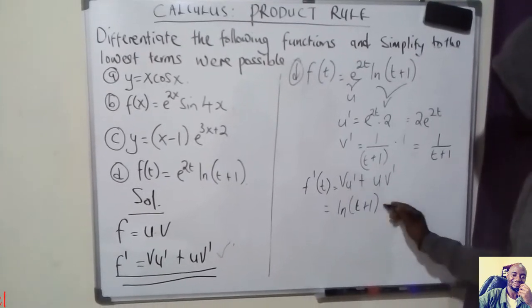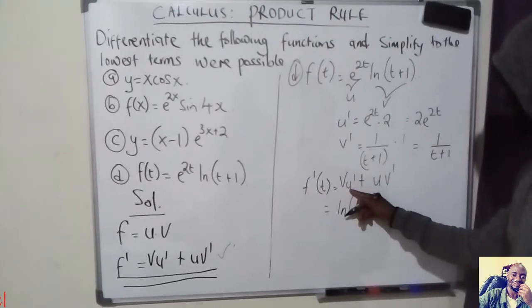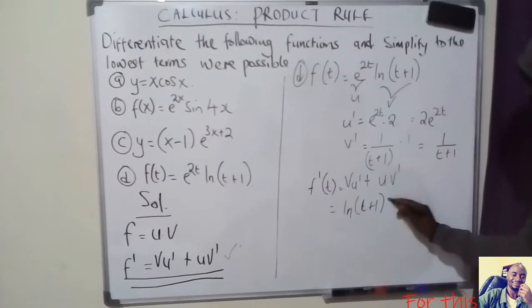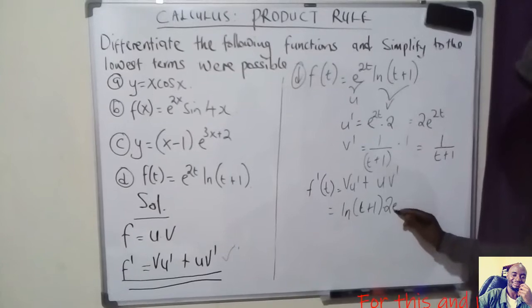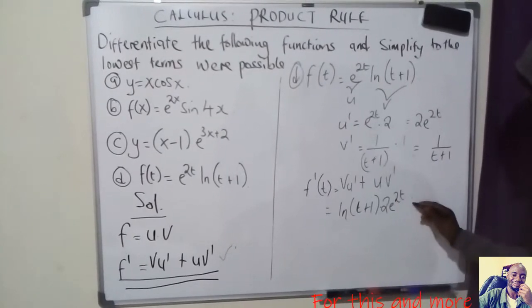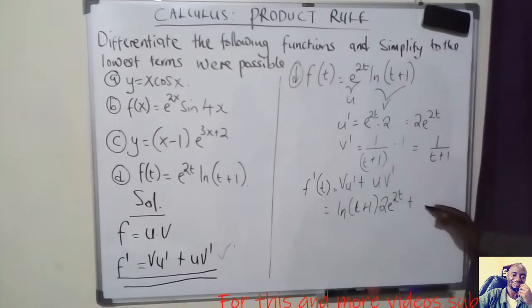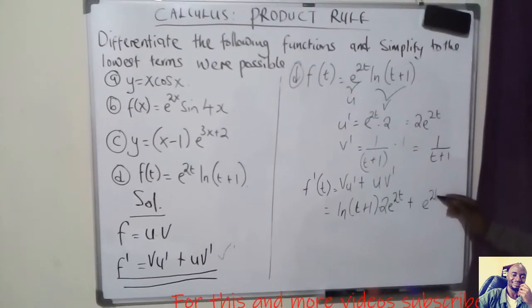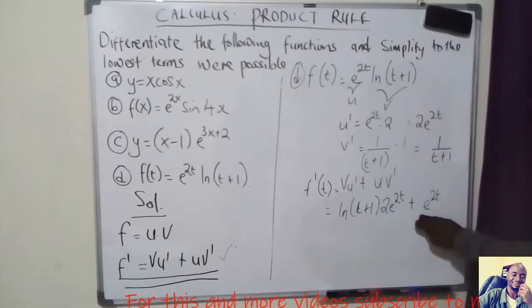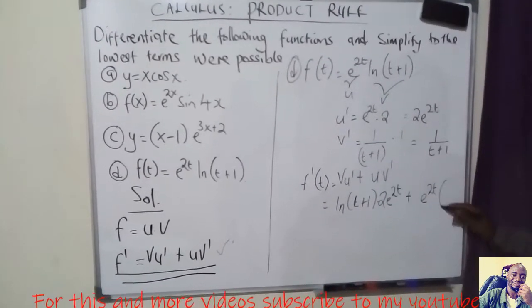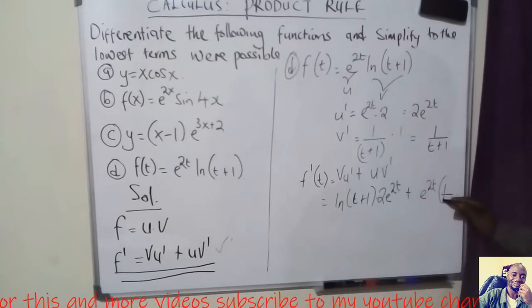Then u prime is this one, 2e^(2t), plus u, what is our u? e^(2t). Then v prime, which is this one, 1 over t plus 1.